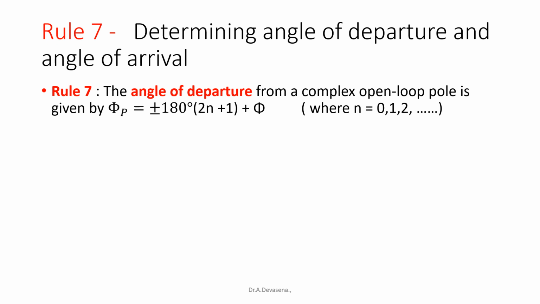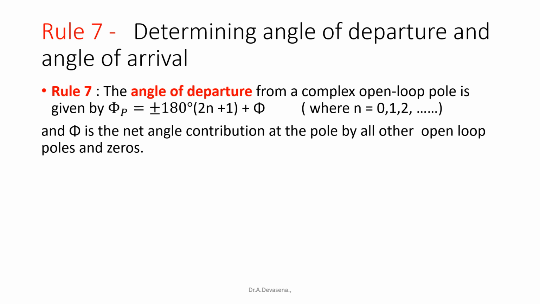The angle of departure from a complex open loop pole is given by phi of p equal to plus or minus 180 degrees into 2n plus 1 plus phi, where n is equal to 0, 1, 2 and it goes on. And phi is the net angle contribution at the pole by all other open loop poles and zeros.